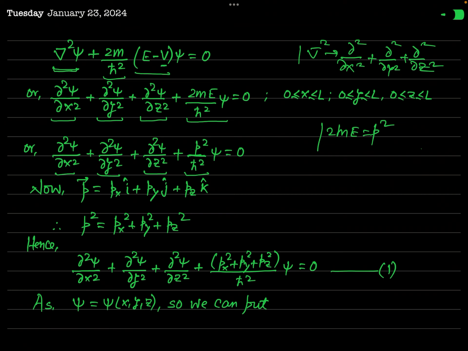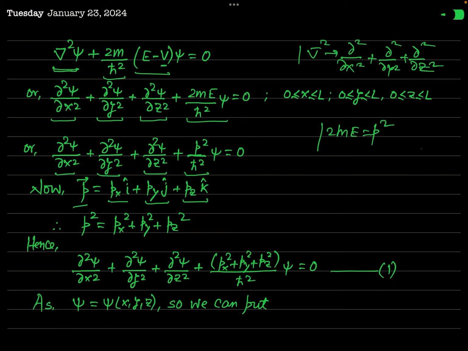Since momentum is a vector, if your aim is to write it in terms of its rectangular components, you can write that this p vector is equal to px i plus py j plus pz k. Here px, py, pz are the x, y and z components of this linear momentum vector.